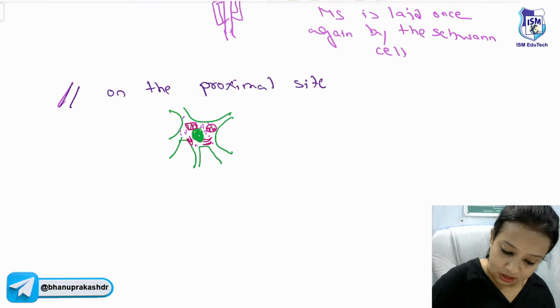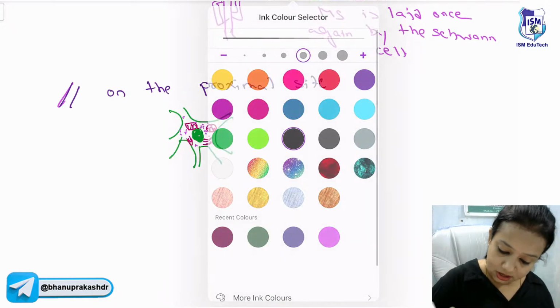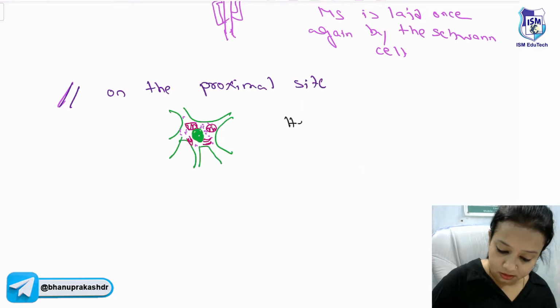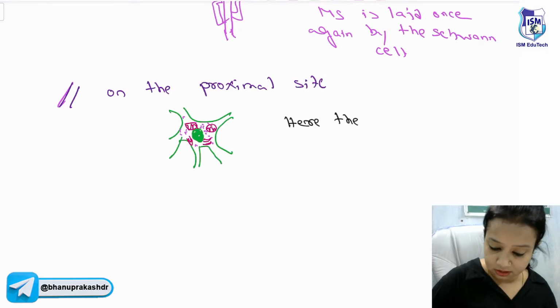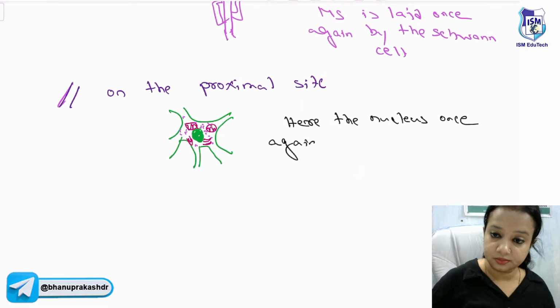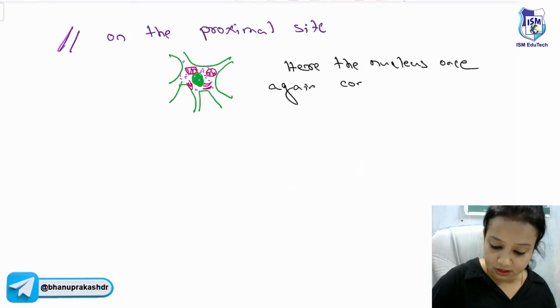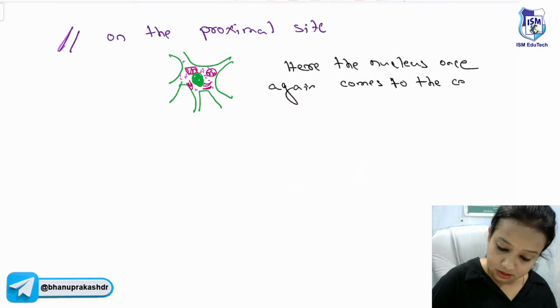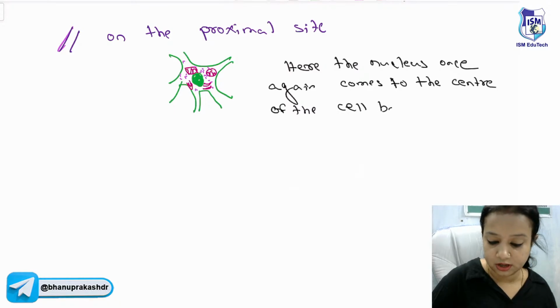So the steps we can write of what happens here. The nucleus once again comes to the center of the cell body.